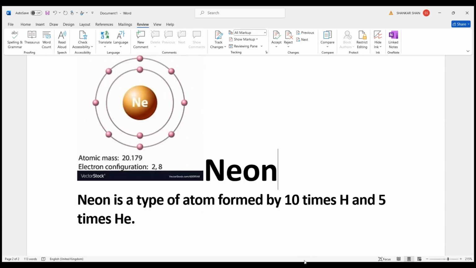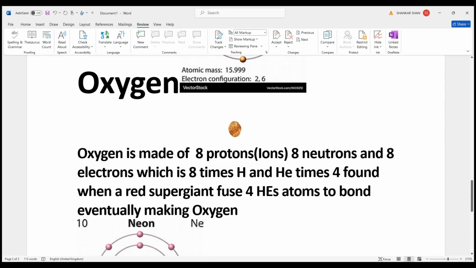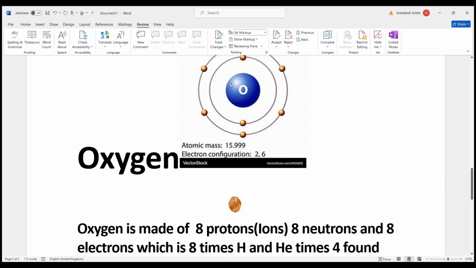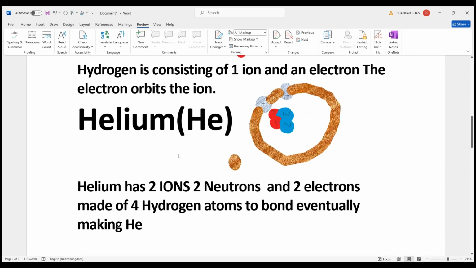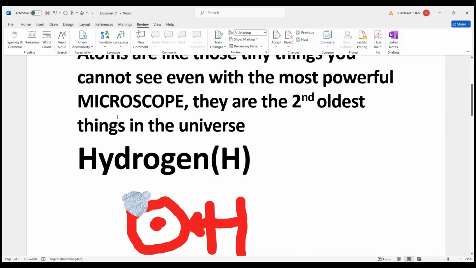So if you go to Google and search for the formula of neon, the first 2 letters will appear as the formula, and oxygen is kind of similar. If you're searching for the formula of oxygen, the first letter will come up as the formula. And helium, 2 letters. Hydrogen, its first letter.